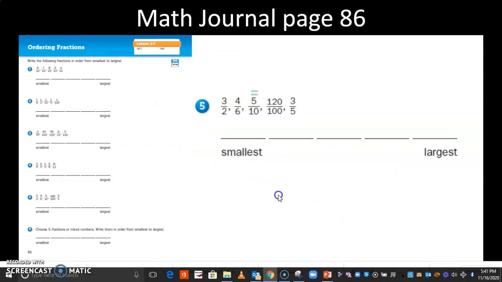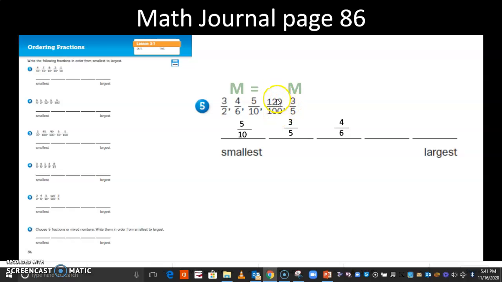So, oh no, we have to do this all over again. 5/10, 3/5, 4/6. Now we're left with our two great big numbers, okay? Well, this is 1 1/2, we know, because 2/2 would have been 1 whole, leaving 1 left over. If this was going to be a double, this would have been 200 hundredths.